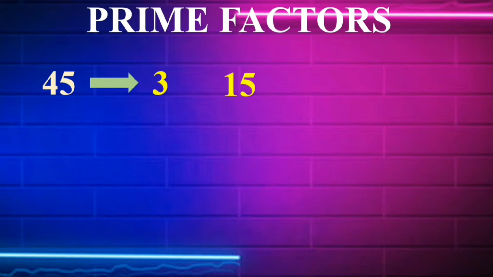Now, what other number can you think of that can divide 45 with no remainder? Of course, 5. 5 can divide 45 with no remainder. 5 into 45 is 9. Hence, 9 is also a prime factor of 45. So, the prime factors of 45 are 3, 5, 15, and 9.